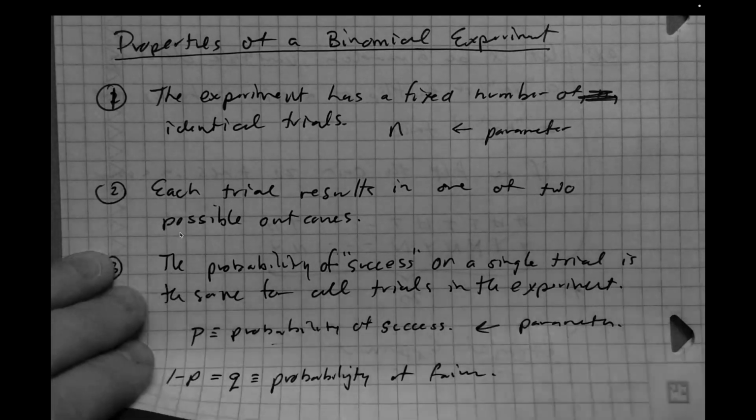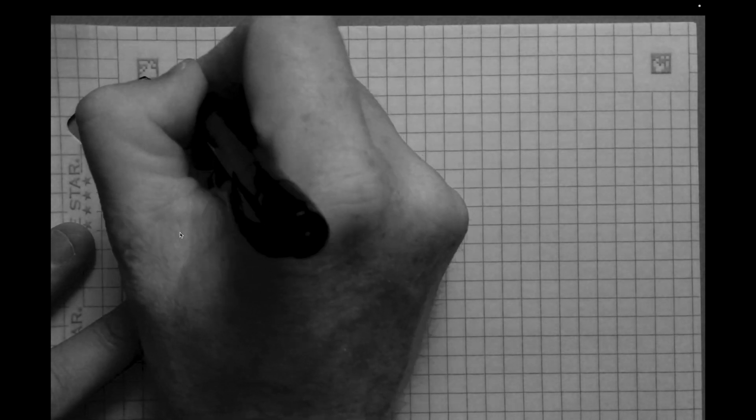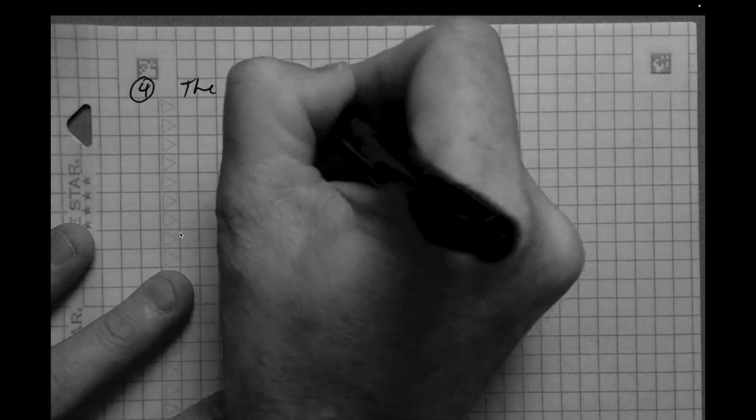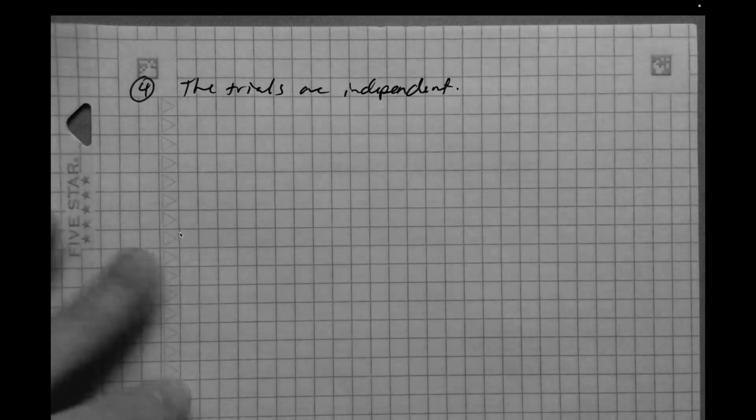There are 2 more. We're breaking apart the informal properties that we laid out at the onset. The 4th property is that the trials are independent. What do we mean by that? Like in the case of flipping a coin, it doesn't matter what I got on the previous flip or the flip before that.